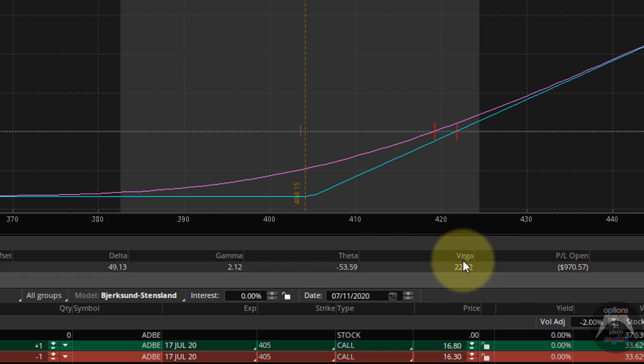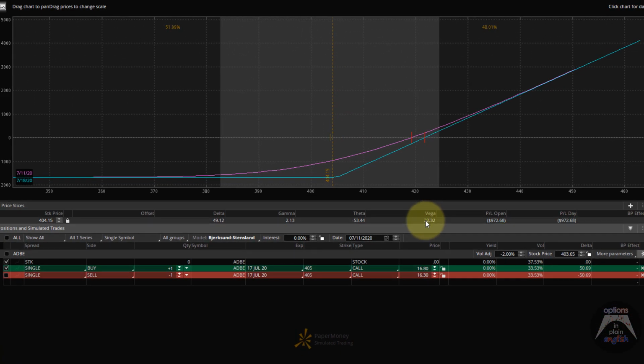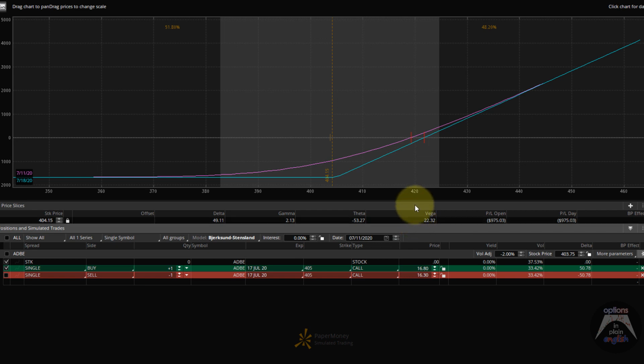Okay, so this is what Vega is, and how important it is for your positions is reflected in the fact that when there's a market crash, for example, and implied volatility explodes, if you're short Vega, then you're going to be negatively affected. And if you had positive deltas, the double whammy of having the price move against you and also the implied volatility move against you, you can be looking at a pretty substantial loss.